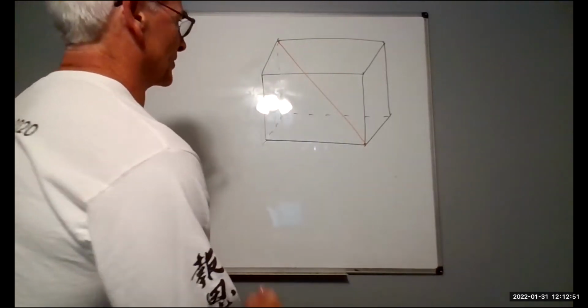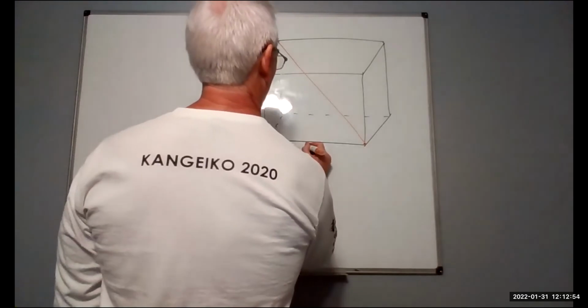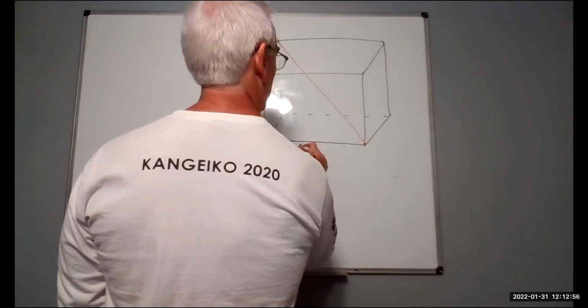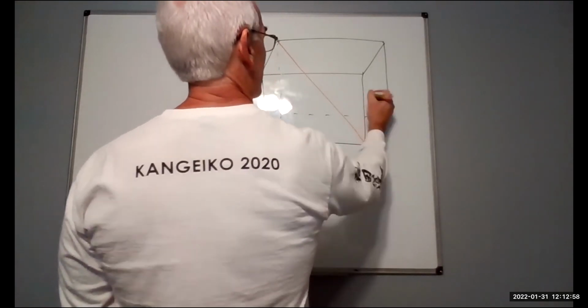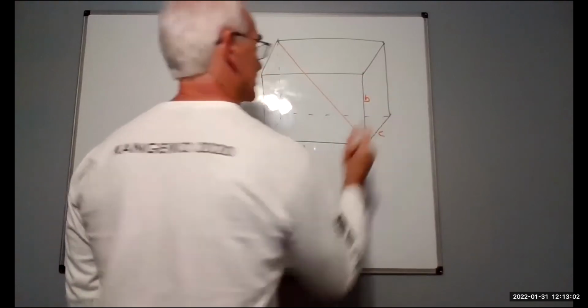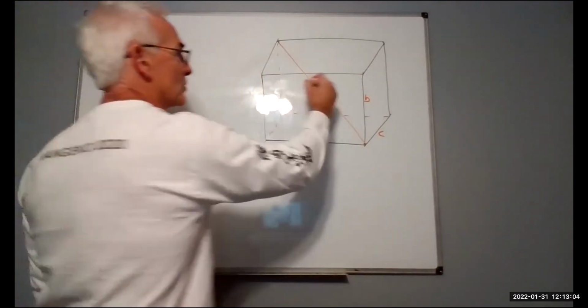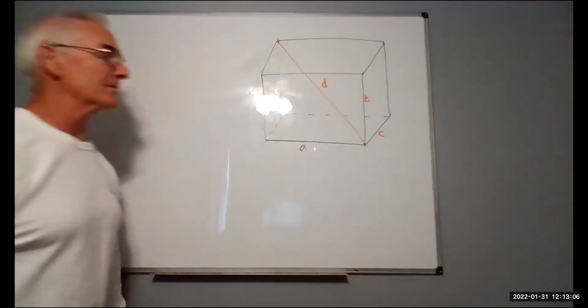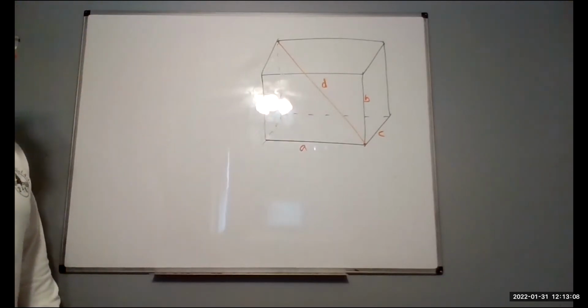This is a little bit trickier, isn't it? So let's suppose, let's call this length A, let's call this length B, let's call this length C. Then we'll call this length D, D for diagonal. I would like to determine how to figure this out.